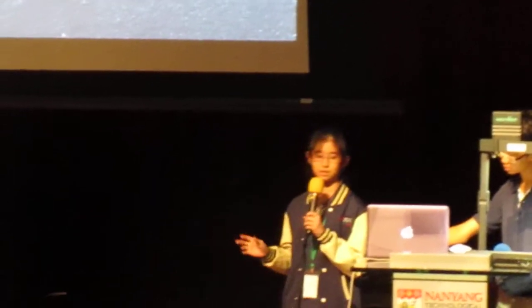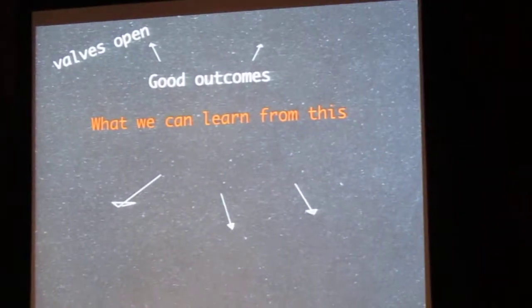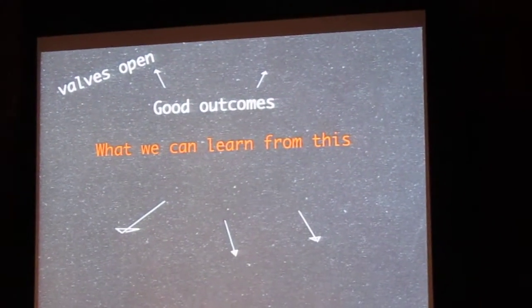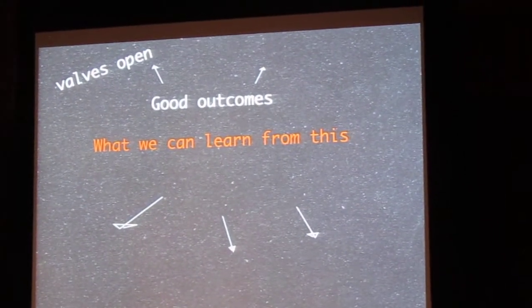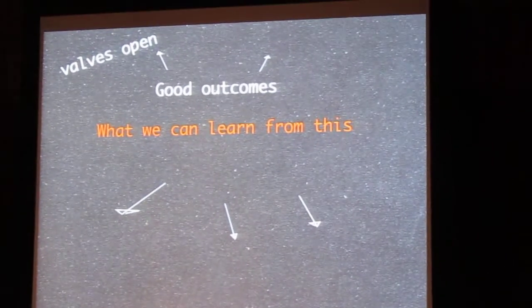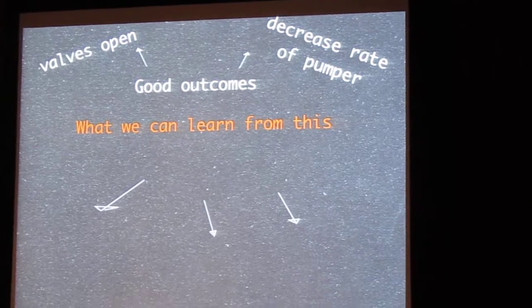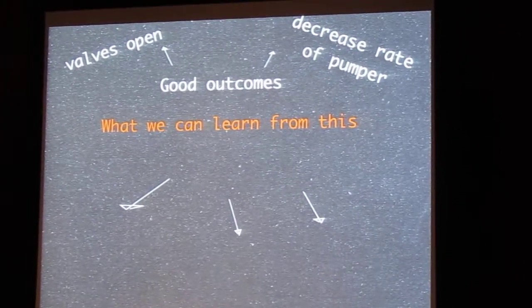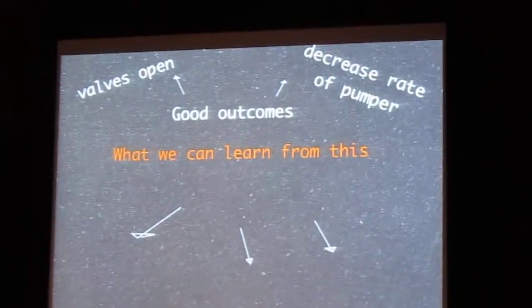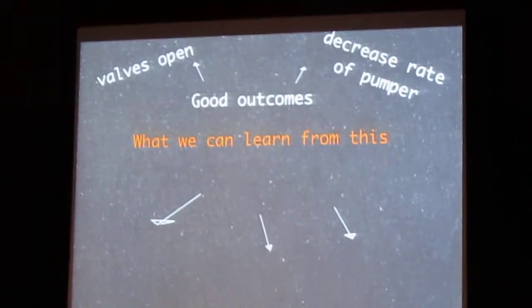Okay, so what we have learned from this was that during the experiment, we are supposed to keep all the valves open so that the pressure will not increase, and decrease the rate of the pump so that the pressure is not that high.